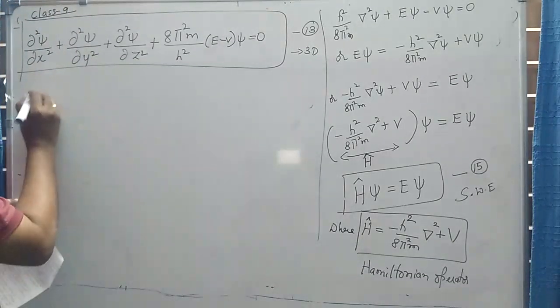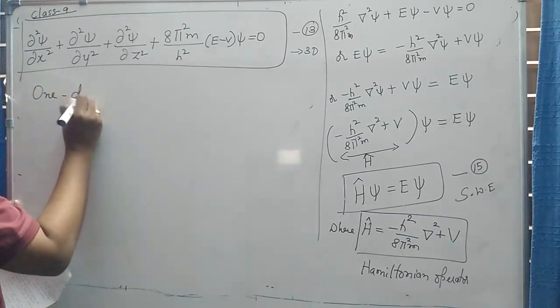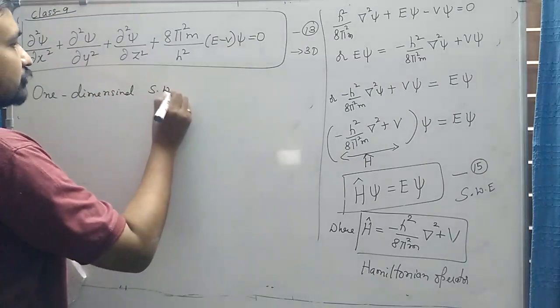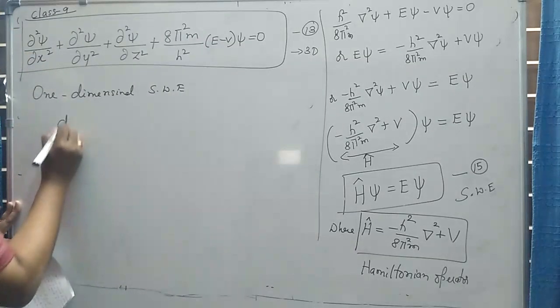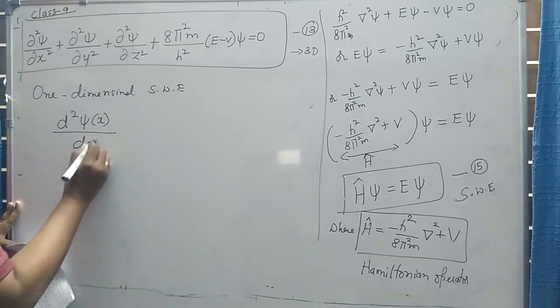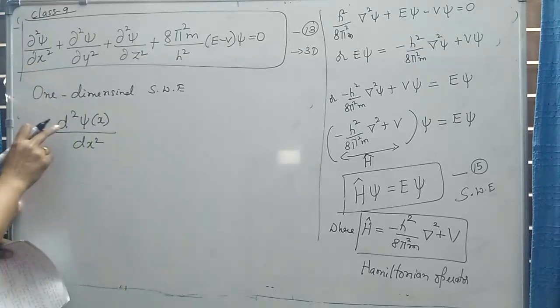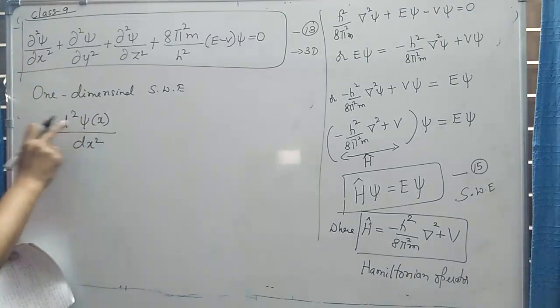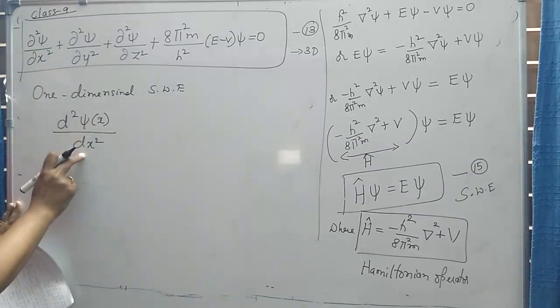So the corresponding one-dimensional Schrodinger wave equation can be written as d square psi of x by dx square. That is the first term. Here, instead of a partial derivative, I am using an ordinary derivative because there is only one variable.